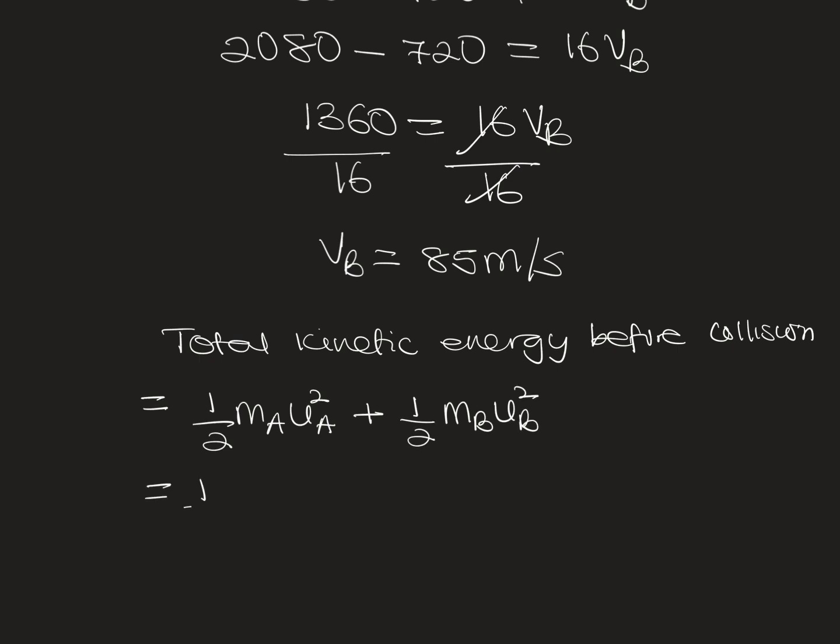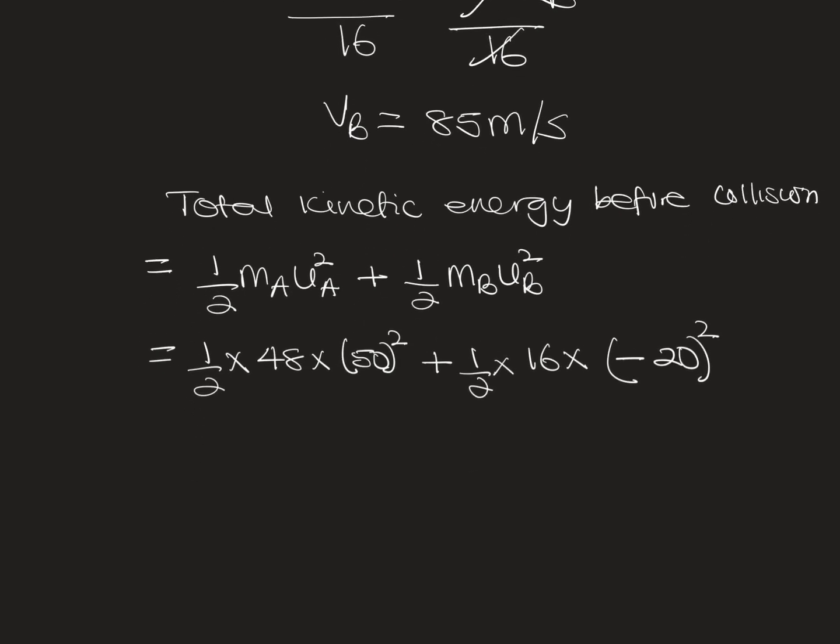So this will be half multiplied by the mass of A, which is 48 kilograms, multiplied by the initial velocity, which is 50, then we square that, plus half the mass of B, which is 16, multiplied by the initial velocity. B was moving in the negative direction, so it will be negative 20, then square that.